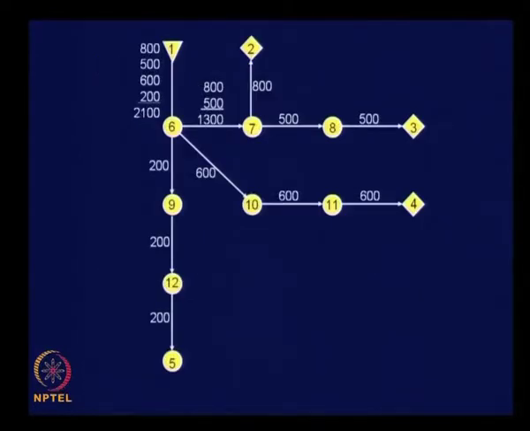So I have just shown the result to you. You may recall the volume of traffic to be assigned from 1 to 2 is how much? 800 PCU. PCU per day or per hour, what is the normal measure?